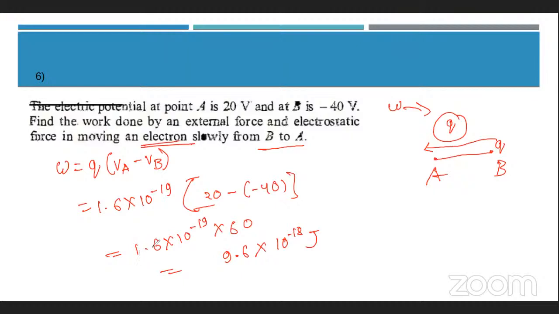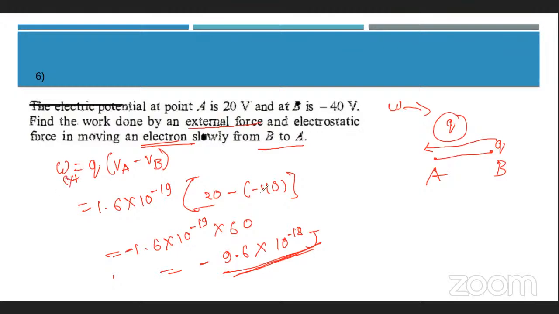Because I'm trying to bring an electron, so I'll use the charge of the electron. It will be basically this much amount of work. This is what we are trying to find out, the work done by the external force. This will be the work done by external force.